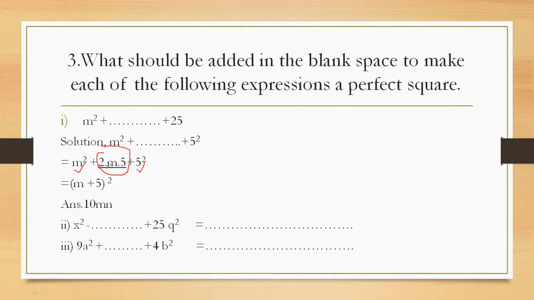That means what did we fill in to make it a perfect square? We fill in 10m. That is our answer. Similarly, what will we fill in here? You can do that yourself like this example number i. Okay, children?